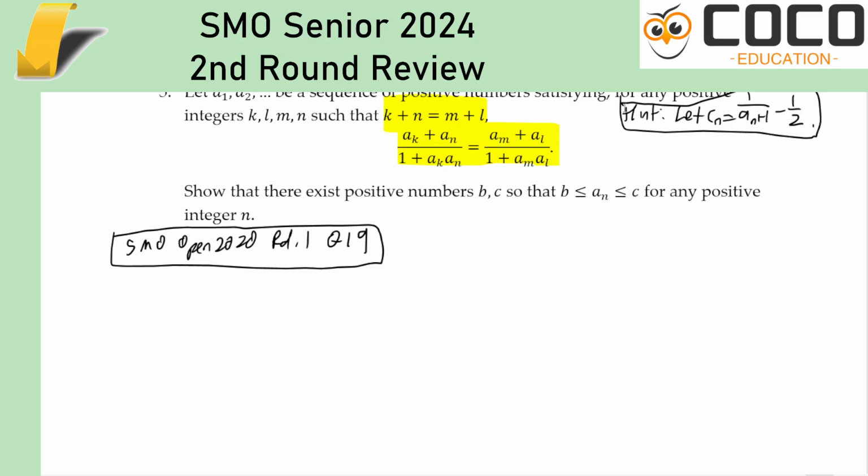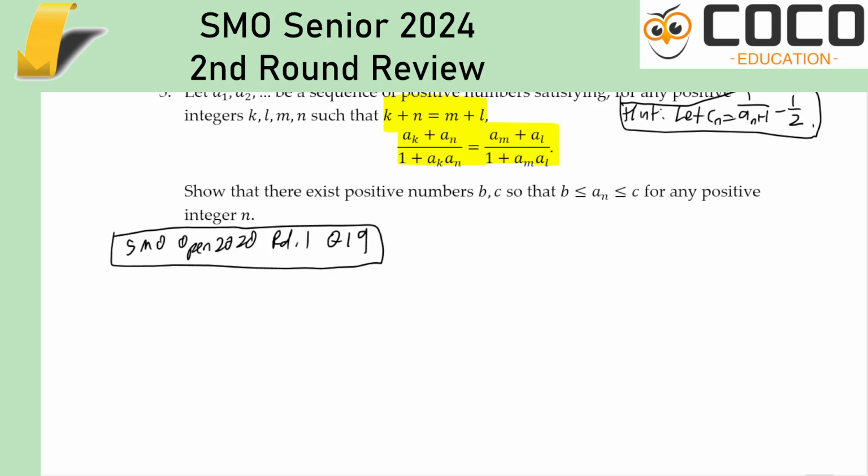Now, an interesting thought to have is also about the fact that this would look like the tangent identity. Right, but the tangent identity is something plus something over 1 minus something times something. So this is not that. This is plus and plus.